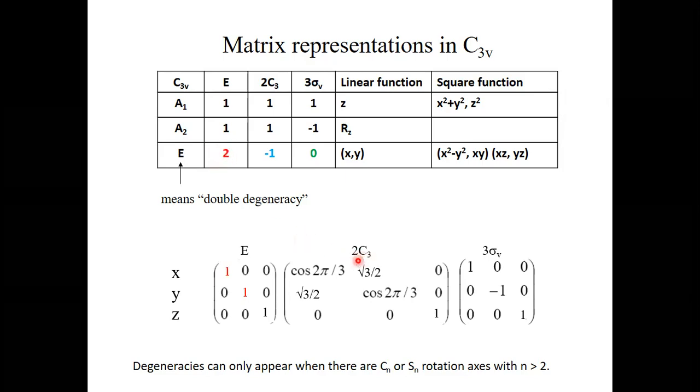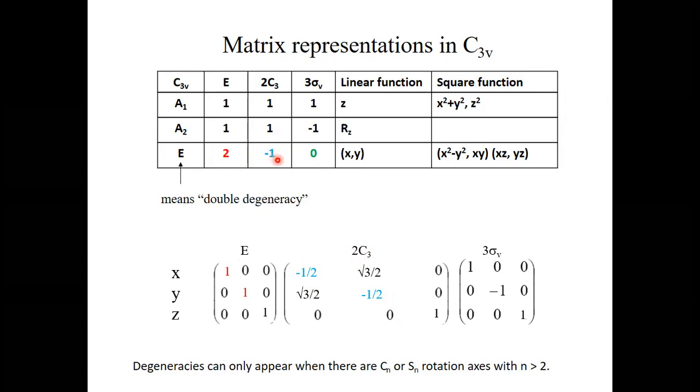Now what about the C3? Well, we saw previously that for a 120-degree rotation, the values on the trace of the matrix become -0.5 and -0.5 respectively. So -0.5 plus -0.5 gives -1, and that explains this character here.